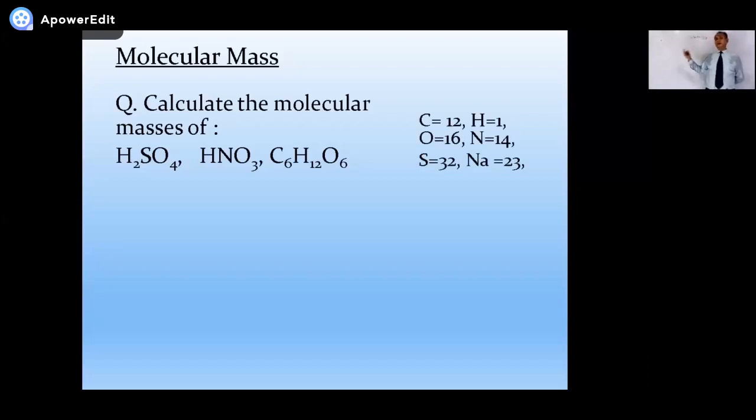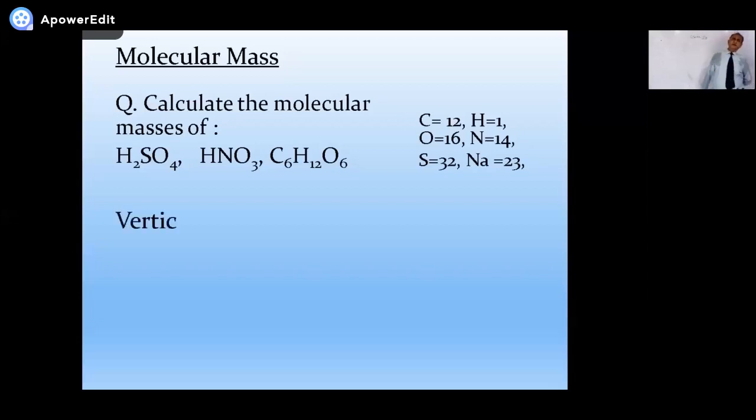For example, the atomic mass of carbon is 12, hydrogen 1, oxygen 16, nitrogen 14, sulfur 32, sodium 23, calcium 40, aluminum 27, silicon 28, and so on. It will be given to you at the end of the question paper. You can see on the screen, atomic masses are given.